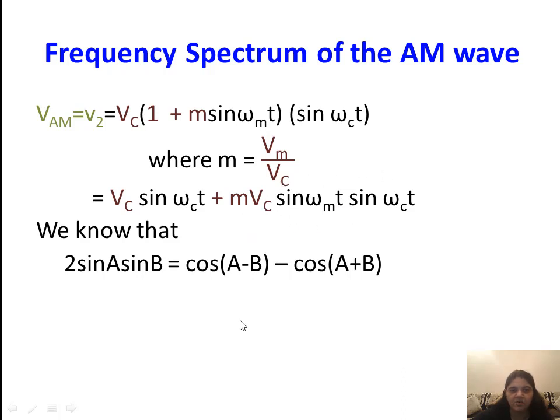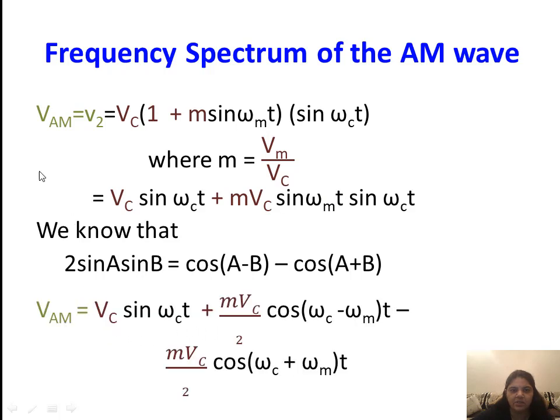It is equal to 1/2 in brackets cos A minus B minus cos A plus B. So it is equal to mVc by 2 cos omega c minus omega m.